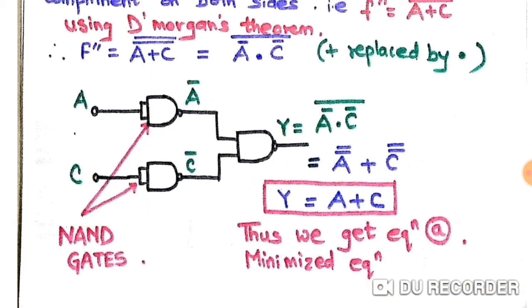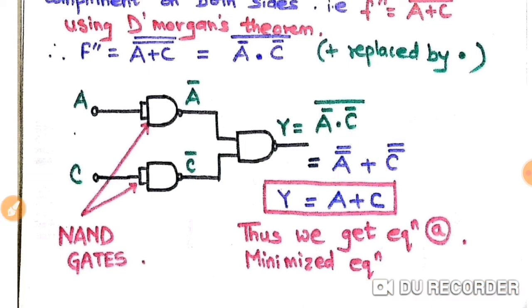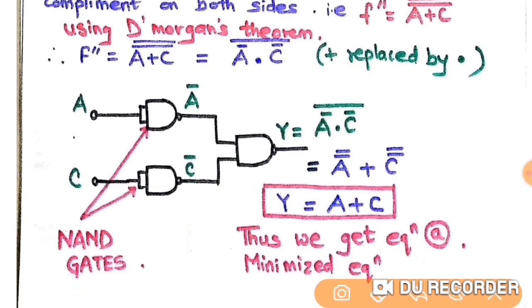So finally at the output, if I simplify it using De Morgan's theorem, this bar dot will become a plus, and A bar bar becomes A double bar, dot becomes plus, and C double bar. Further simplifying, the double complement of any particular input or variable gives us the same variable. So we get this equation which we are calling the minimized equation, Y is equal to A plus C. This is our minimized equation.